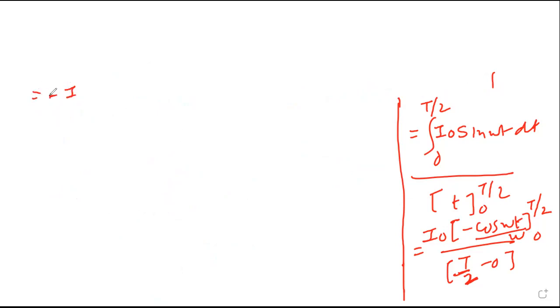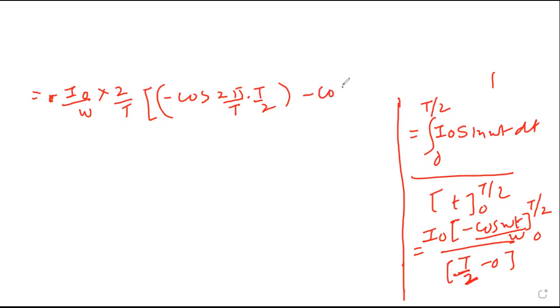Minus, sorry, I naught upon omega, this 2 will come up upon t, minus of cos omega 2 pi by t into upper value t by 2, minus of minus 2 pi by t into 0.